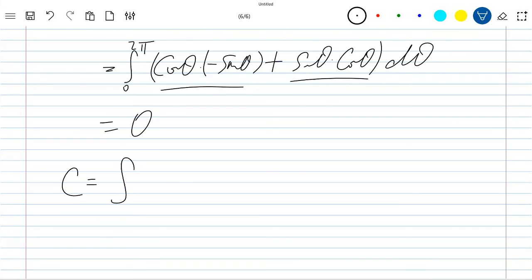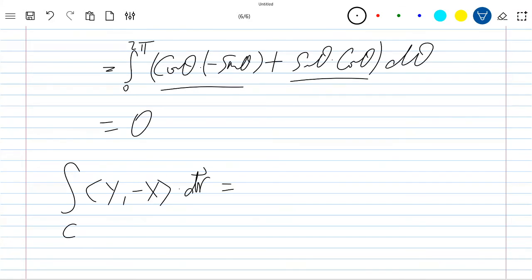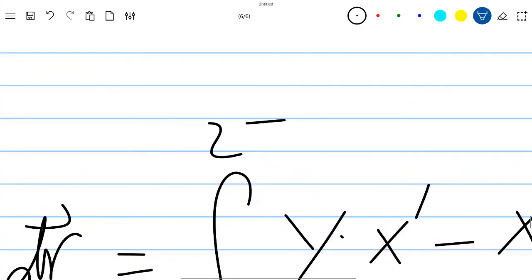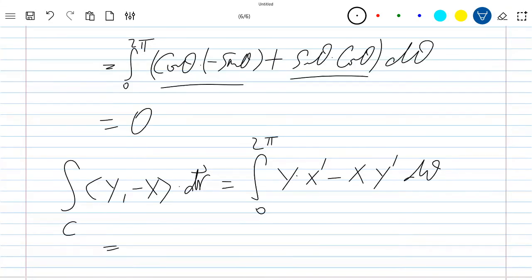Suppose you have the same circle, but sorry, this is not C. Just this integral is of that. And let's see what that is. Same circle. So this would be y times x prime minus x times y prime d theta. And what is that?